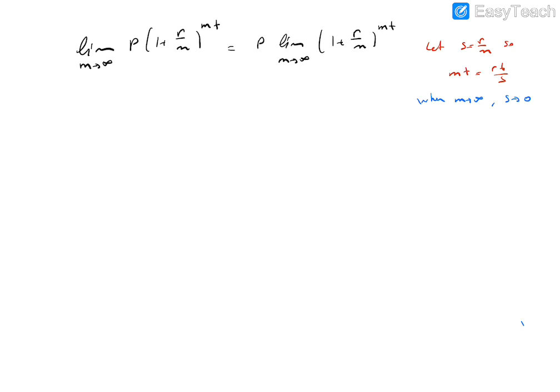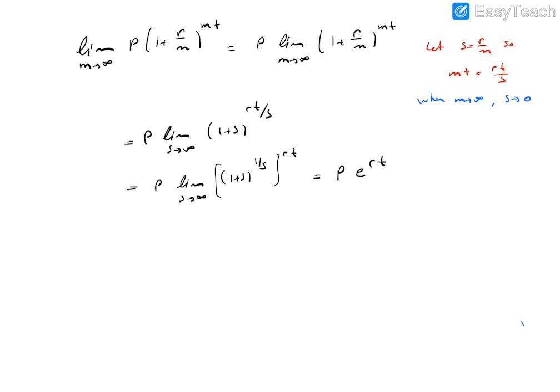So this limit equals P times the limit, when S goes to 0, of 1 plus S to the power R times T over S. As a result, we obtain the following limit: 1 plus S to the power 1 over S, raised to the power R times T. You are familiar with this limit. It goes to e. So this is P times e to the power R times T.